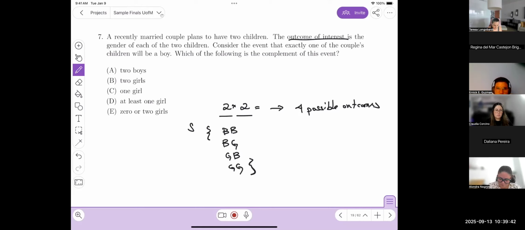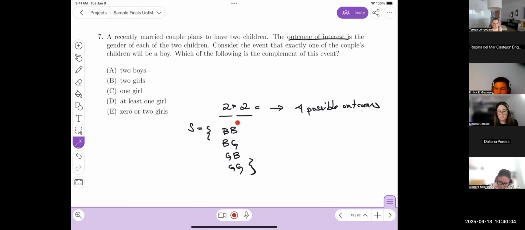Okay, so what we're talking about, just to recap, is the outcome of interest is the gender of each of the 2 children. So the sample space is made up of 4 possible outcomes because the first one can be a boy or a girl. That's 2 options or alternatives or possibilities. And the second is 2.